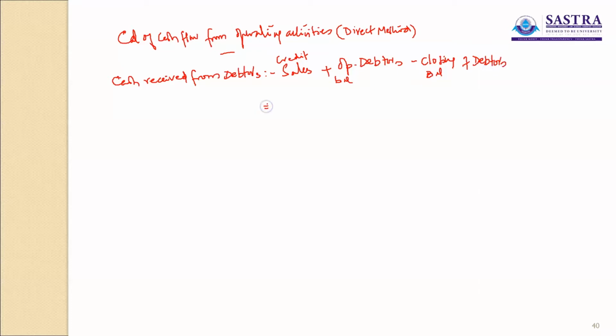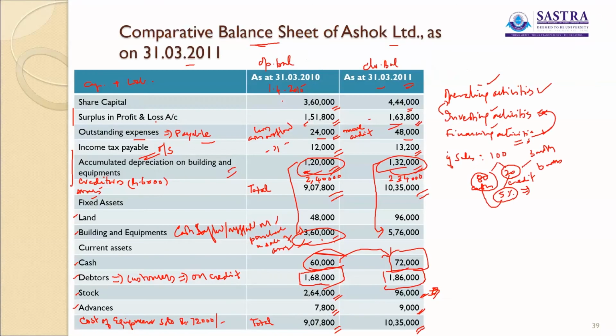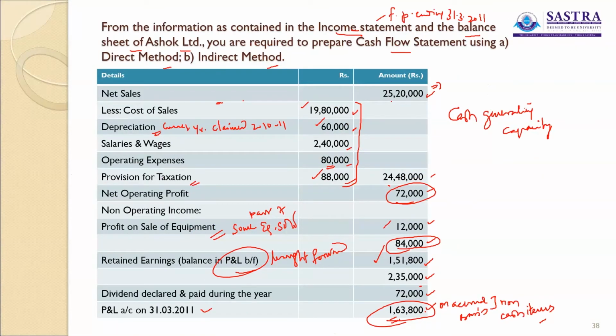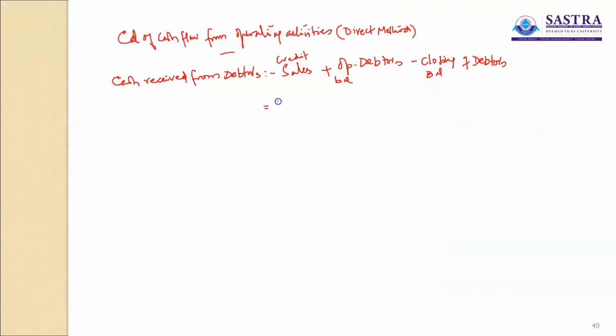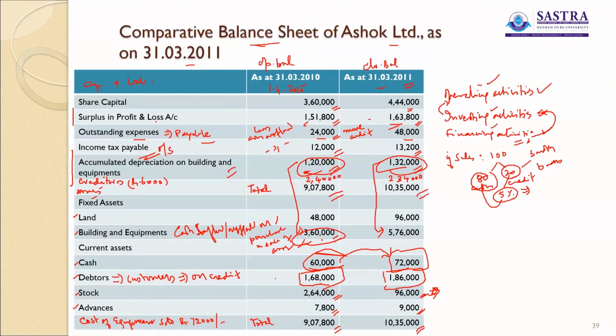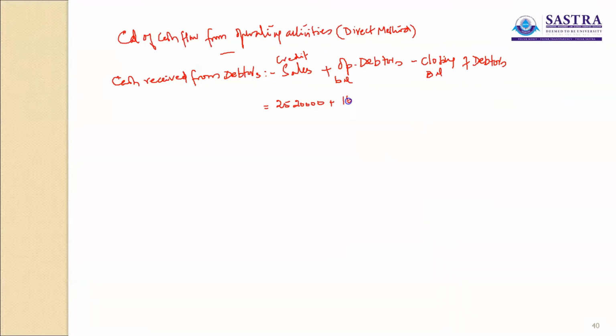Sales we take from the income statement, which is 25,20,000, plus opening debtors from the balance sheet, which is 1,68,000, minus the closing balance of debtors, which is rupees 1,86,000, all in terms of rupees.